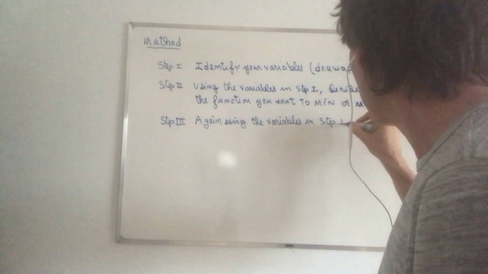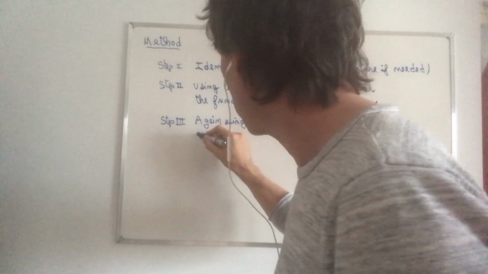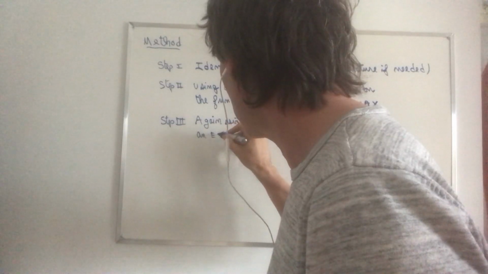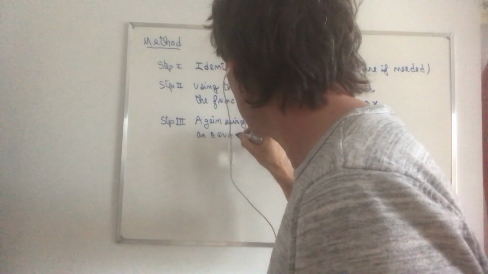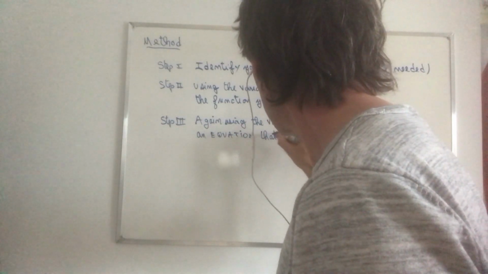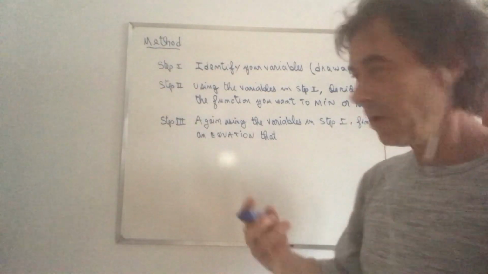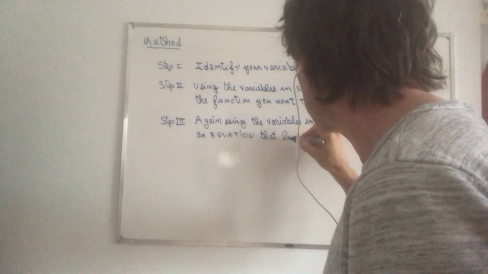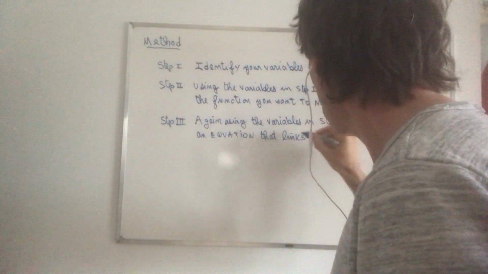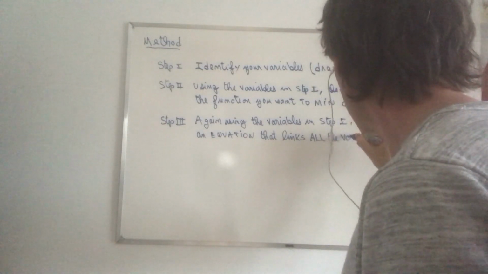Keyword in here, find an equation that links the variables together. So an equation that will have all of the variables in the same equation. That's what I mean. That links all the variables together.